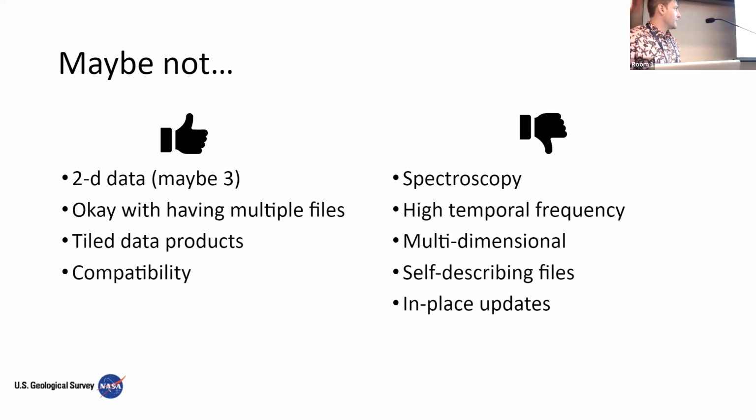High temporal frequency goes back to the three-dimensional stuff. Self-describing: there is self-describing metadata in COG files, it's just not nearly as robust as HDF5 files and NetCDF files, and then there are no updates in place as well.